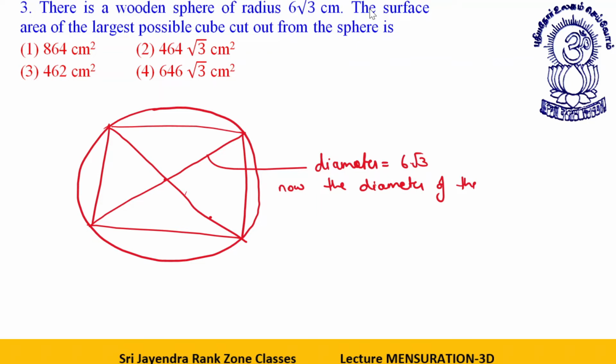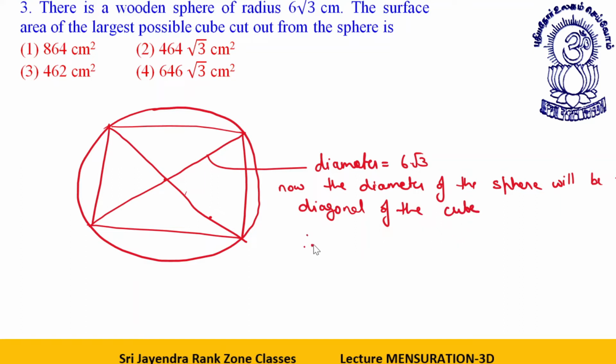The diameter of the sphere will be equal to the diagonal of the cube. This will be the diagonal of the cube.